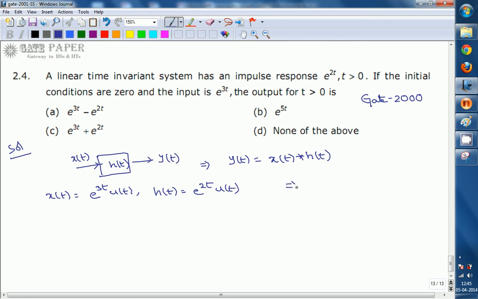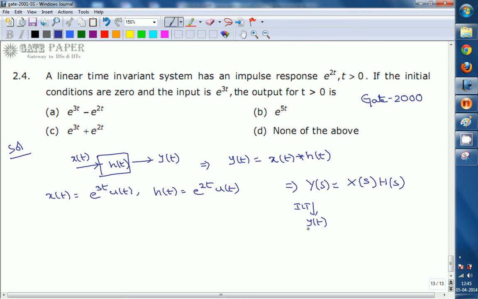By applying the Laplace transform and using the convolution property, we get Y(s) equals X(s) into H(s). After finding this, we take the inverse Laplace transform to get y(t). That is one procedure.